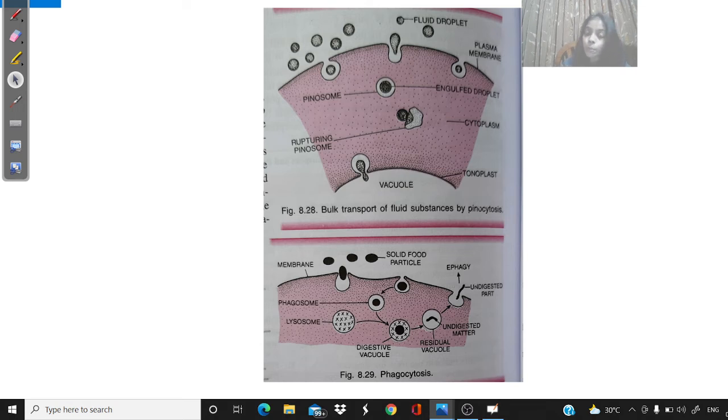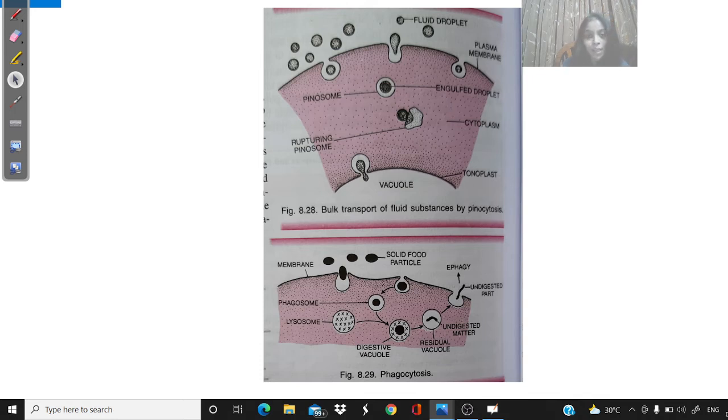If I ask you, how does an amoeba, it has got only one cell, but how does an amoeba gain its food? It has to eat, it has to survive. Does it have a mouth? No. How does it obtain its nutrition?